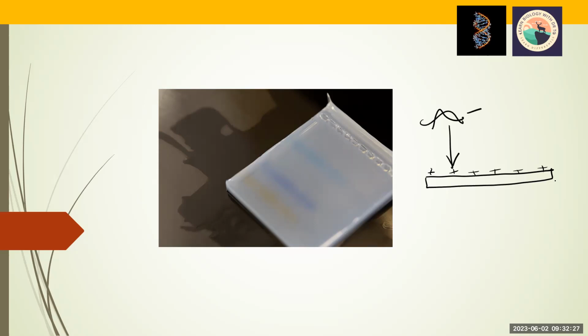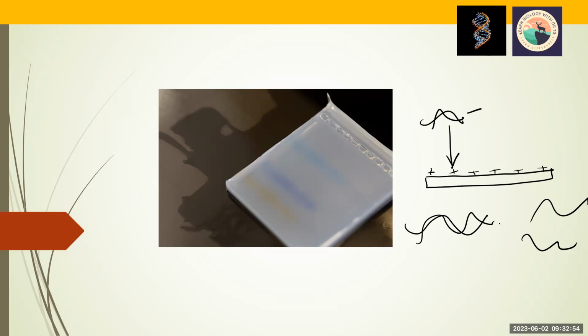First of all, we need to denature the DNA molecule. Denature in the sense that we're going to separate the DNA into single strands. We will see why it is important, because we're going to hybridize with the known sequence.